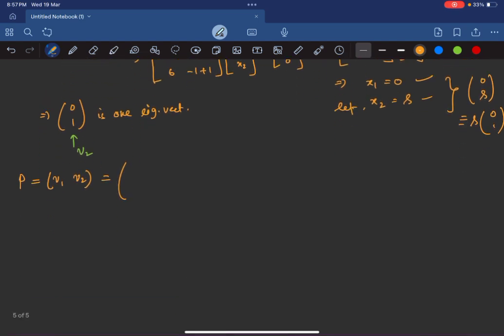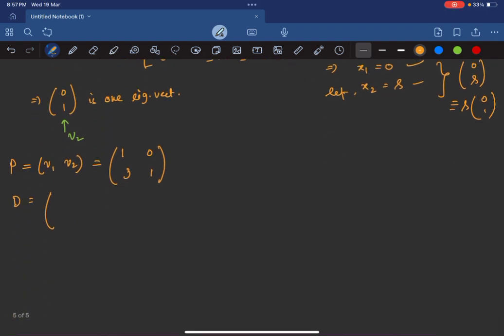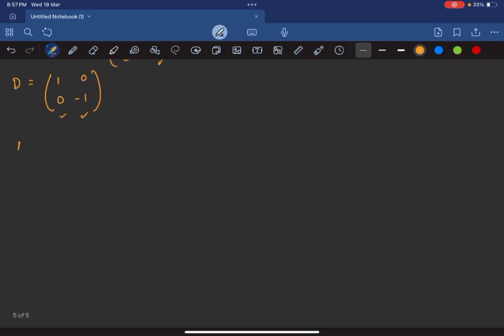So v1 is (1, 3) and here you have (0, 1) as v2, and D is lambda 1, which is 1, and lambda 2, which is minus 1. Just see the order. So here v1 v2, here lambda 1 lambda 2. This is P and this is D.